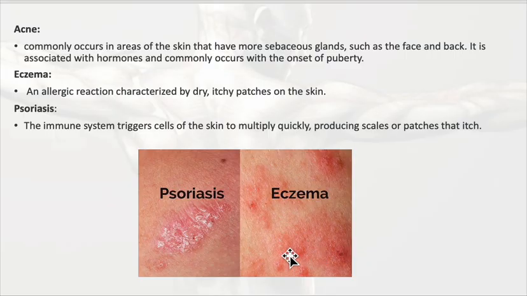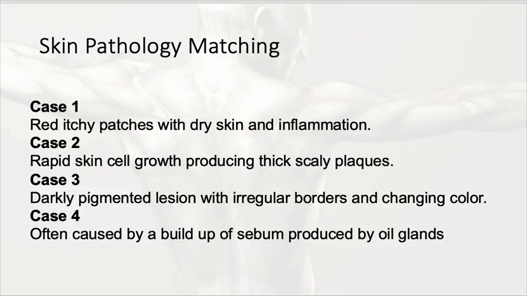Sometimes eczema can be associated with weeping skin, if it has become severe or if itching is involved, that can cause the skin to break, and then the formation of fluid buildup in this area. But in general, eczema does tend to be associated with drier, itchier skin. And again, case 2 being psoriasis, that rapid skin cell growth with thick, scaly plaques.